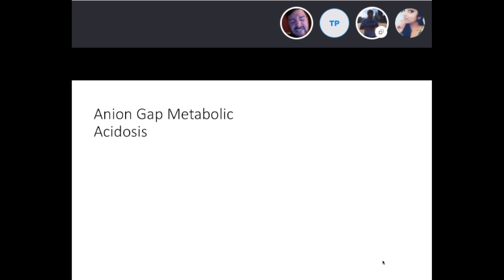No. So we'll talk about anion gap metabolic acidosis. Let me ask you guys, what causes anion gap metabolic acidosis? This is the mnemonic: MUDPILES. I gave you the first one here, methanol. Uremia.